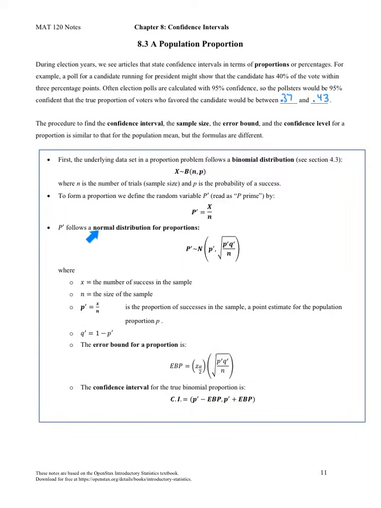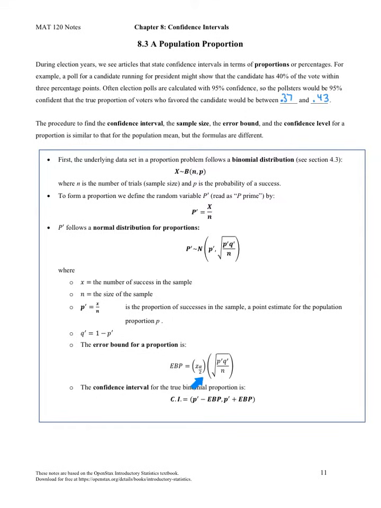P prime follows a normal distribution for the proportions. Notice our p prime is the proportion of success, whereas q prime is the proportion of failure, or the complement of the proportion of success.